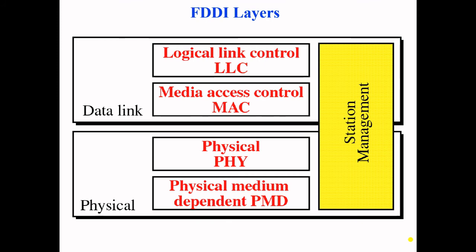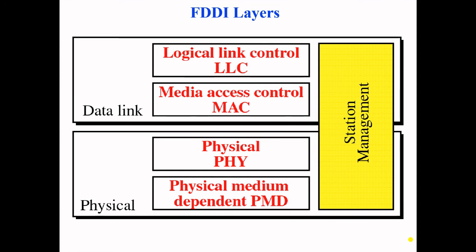So for FDDI, we can say that FDDI was considered an attractive campus backbone network technology in the early to mid 1990s, since existing Ethernet networks only offered 10 Mbit per second data rates, and the token ring network only offered 4 megabits per second or 16 megabits per second rates.